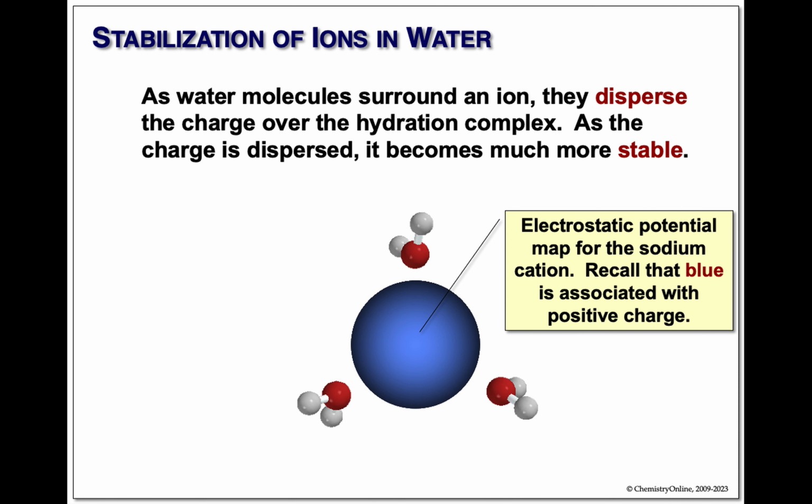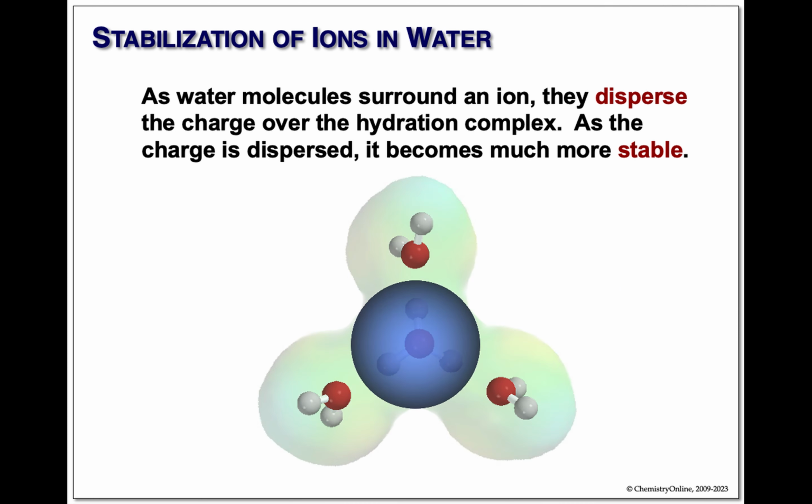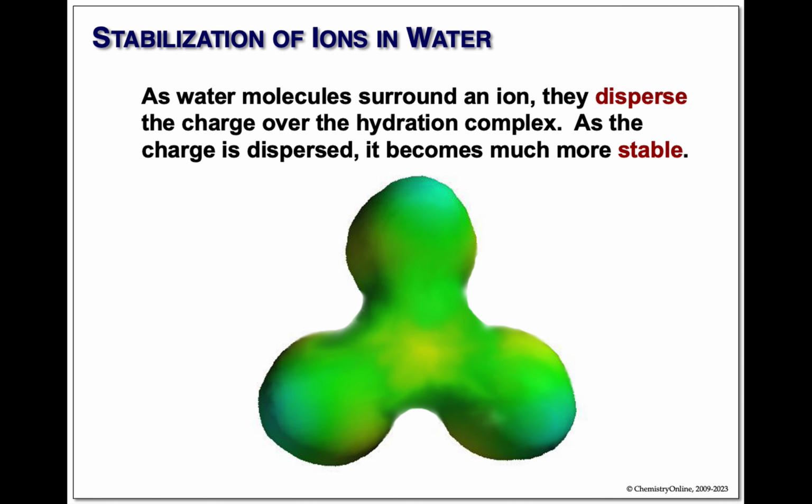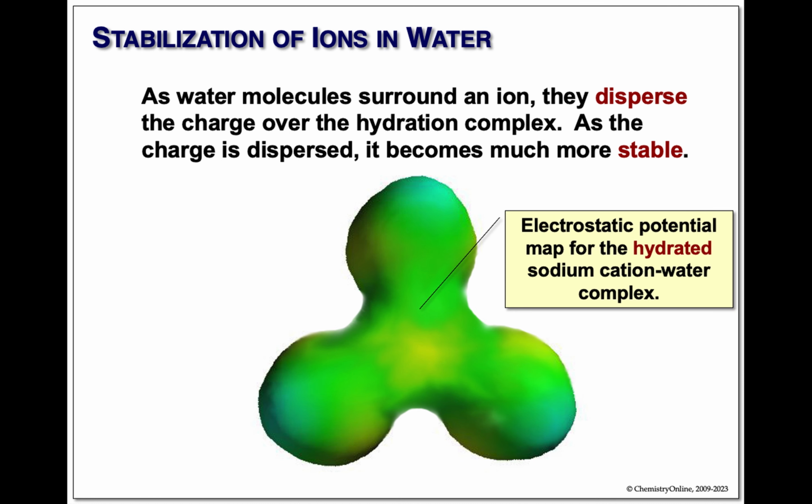You ask the computer to first of all figure out where the electrons are in this complex, then where the charges are. When you do this, you start with our big blue ball, lots of positive charge, and we wind up with kind of like a green triangle sort of thingy.